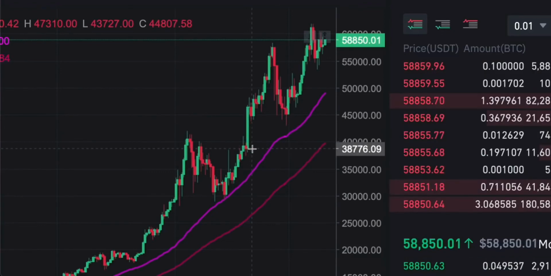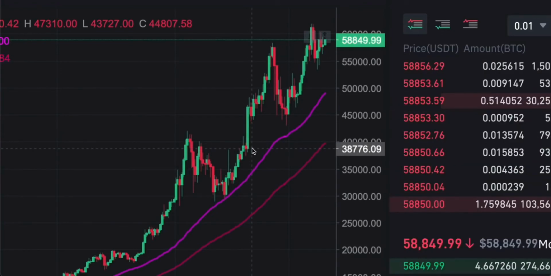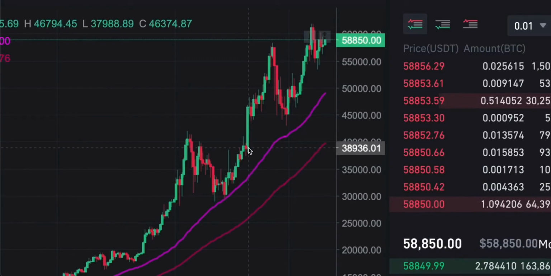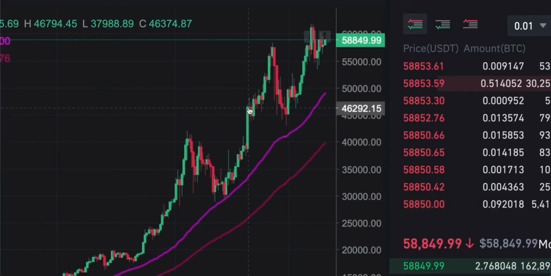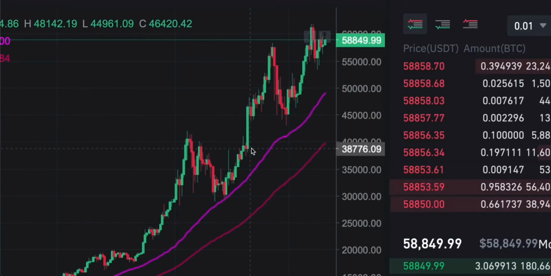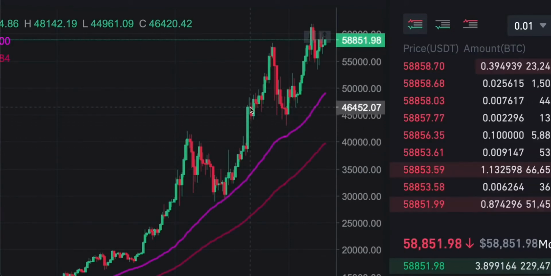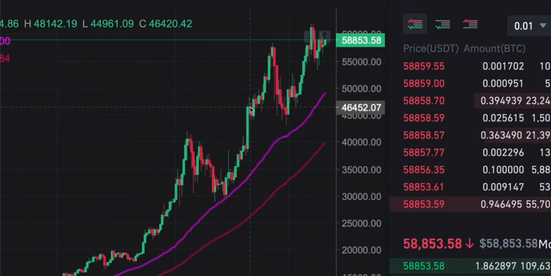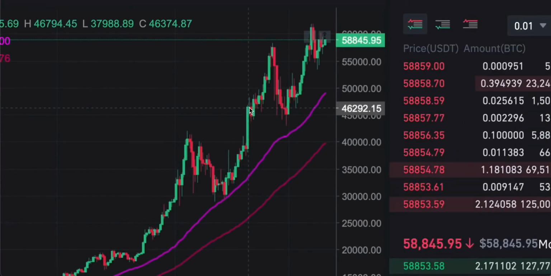So it started at this price level here. And let's say that this candlestick is an 8-hour time frame. At the end of this candlestick, the price was up here. So it moved from this level at 38,776 and finished at this level, 46,425. That was a positive or upward price move, and therefore the candlestick is colored in green.